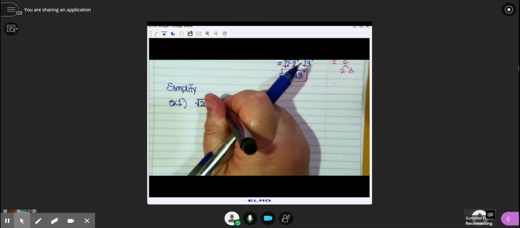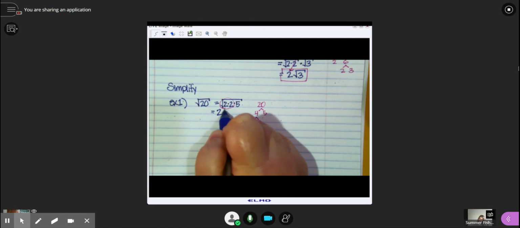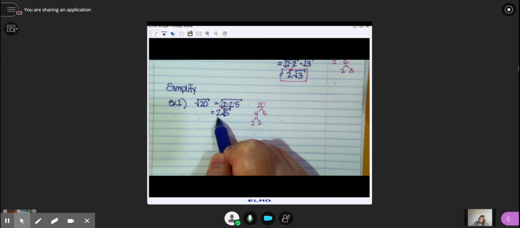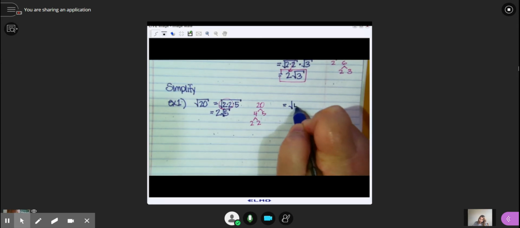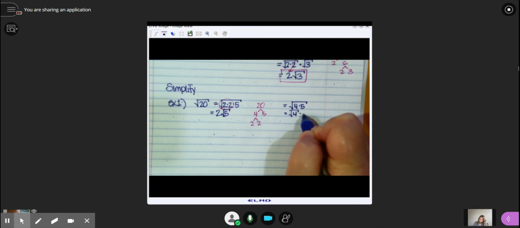Since I have a pair of 2's, that 2 can come out front, and I have the square root of 5 left. A pair lets 1 come out. Summer, you would have done the square root of 4 times 5, which is the square root of 4 times the square root of 5, or 2 square roots of 5.